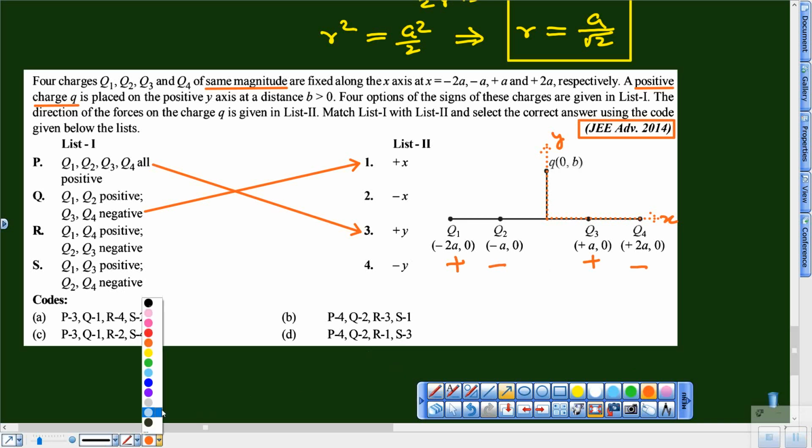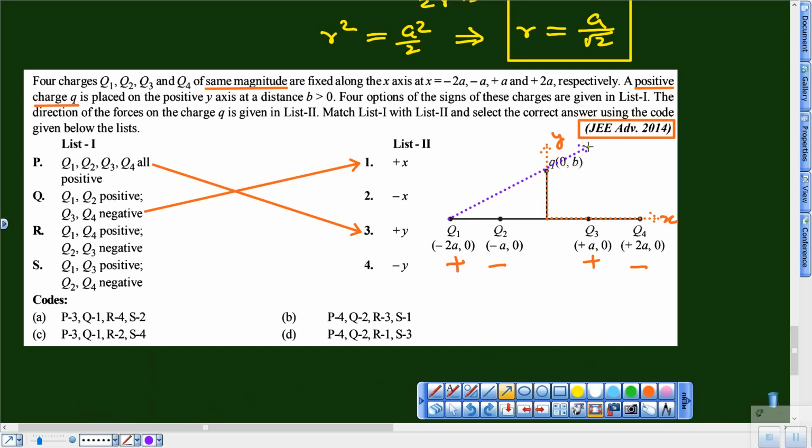So force due to these charges would be, Q1 is positive, that's why we have the repulsive force. So maybe I can show with the dotted line, and finally something like this.